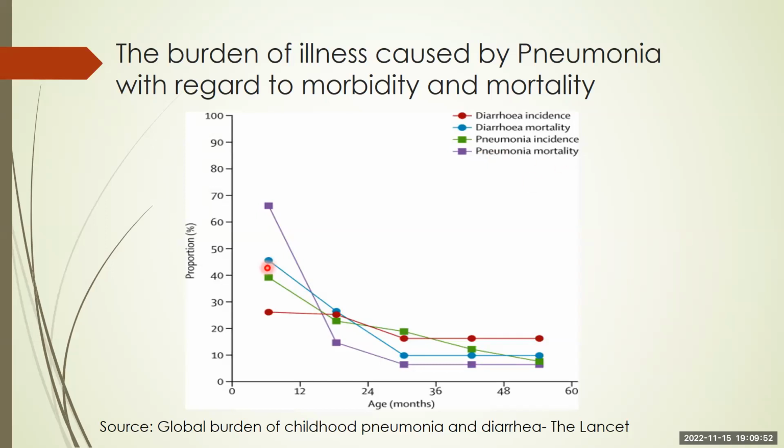The green line is the incidence. So from this graph, we can clearly see that mortality due to pneumonia peaks below the age of 1 year, then decreases as the age increases. Also, pneumonia accounts for a higher percentage of mortality as compared to diarrhea.